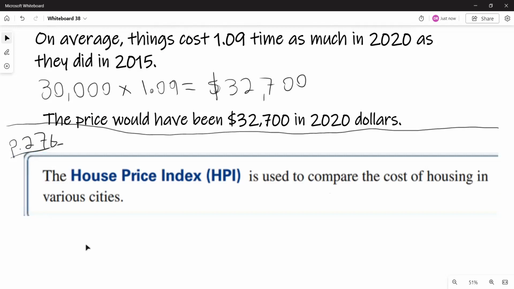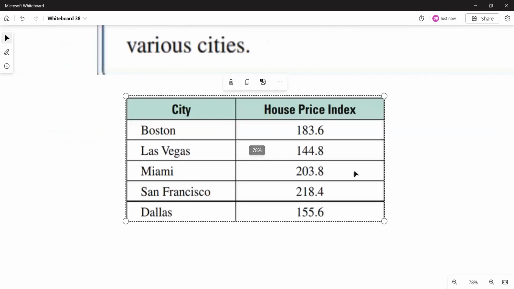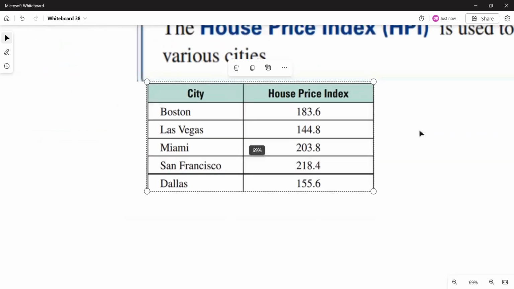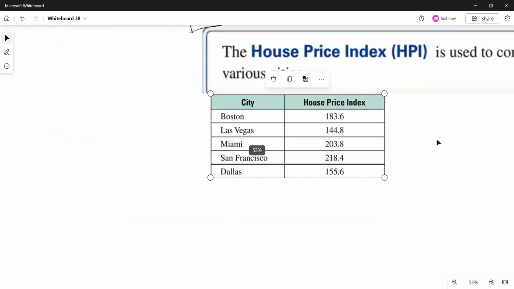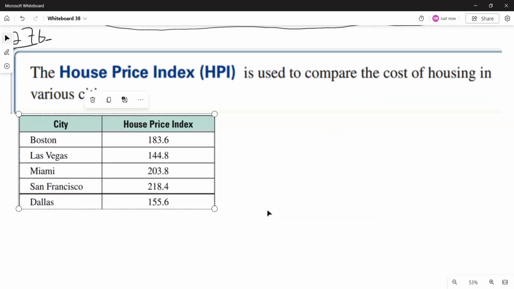So we have this table on the same page. They show you the HPI in some of these cities, in Boston, Las Vegas, Miami, San Francisco, and Dallas. Not surprisingly, the highest price index is in San Francisco. That's one of the most expensive places to live. So it has one of the highest HPIs.